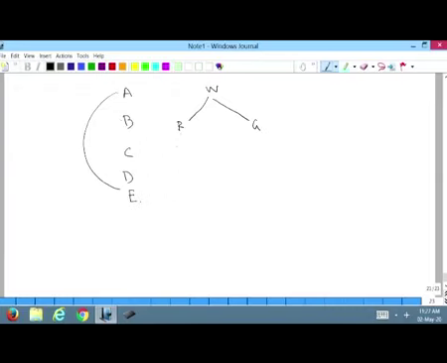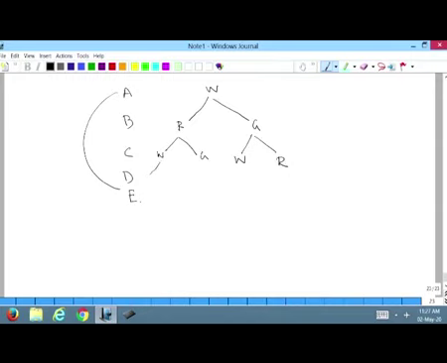Now, B is red, therefore, C can get white or green, and similarly, when B is green, C can get white or red.